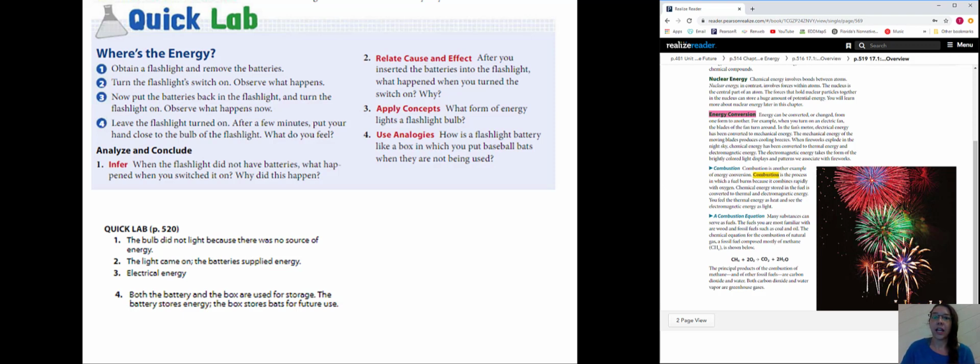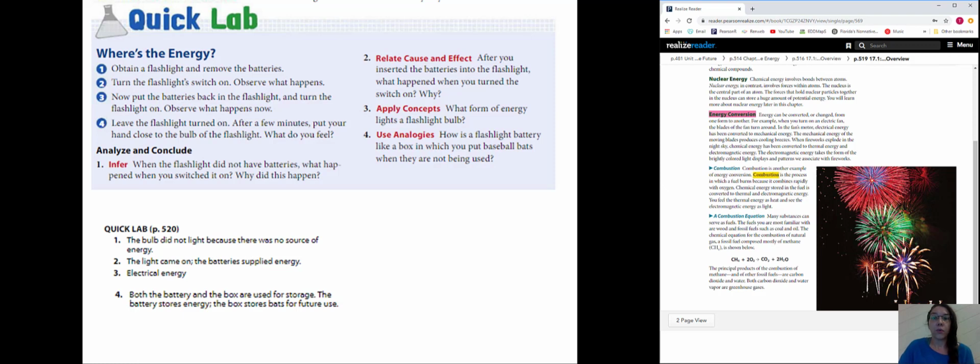Number 3: what form of energy lights a flashlight bulb? And that's electrical energy. Number 4, use analogies. How is a flashlight battery like a box in which you put baseball bats when they are not being used?